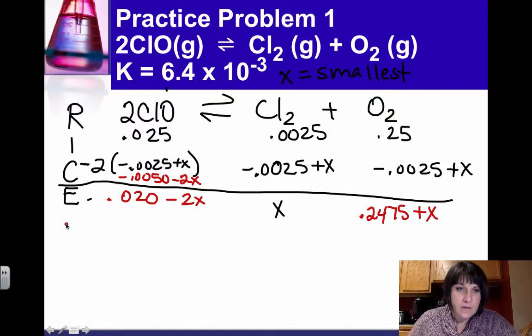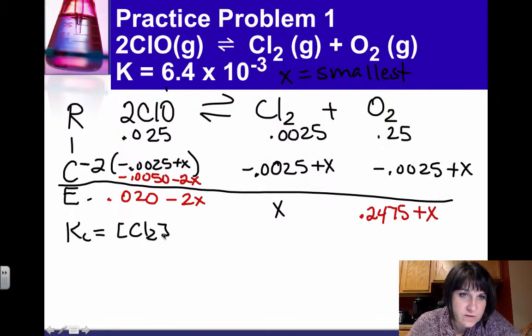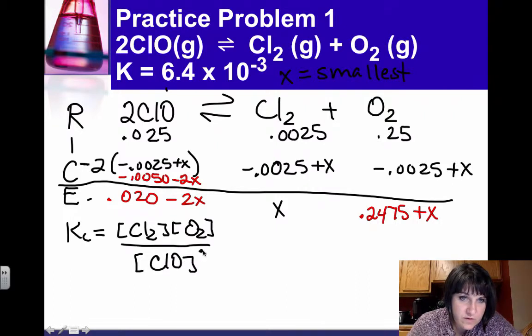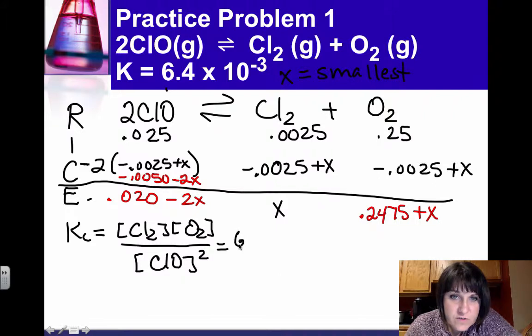All right, my equilibrium expression, Kc, says that I've got the concentration of the products on top, and the concentration of my reactant is going to be squared because it has a coefficient of 2. And that is equal to 6.4 times 10 to the negative 3.